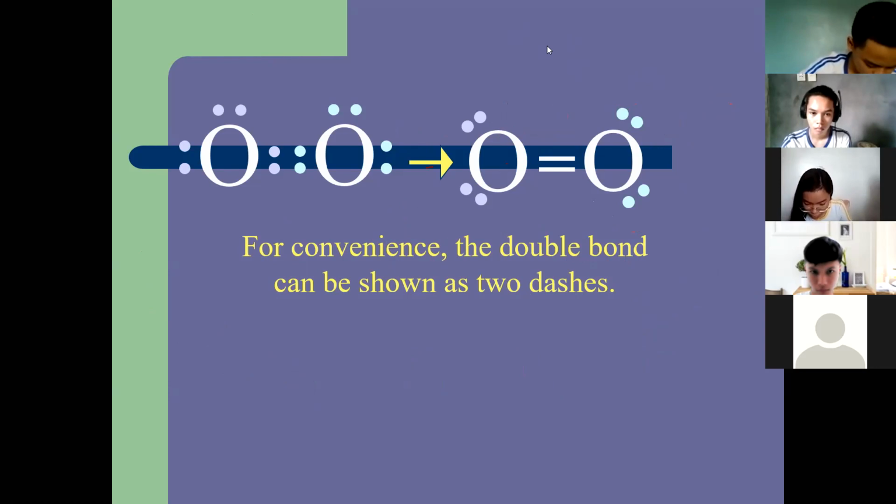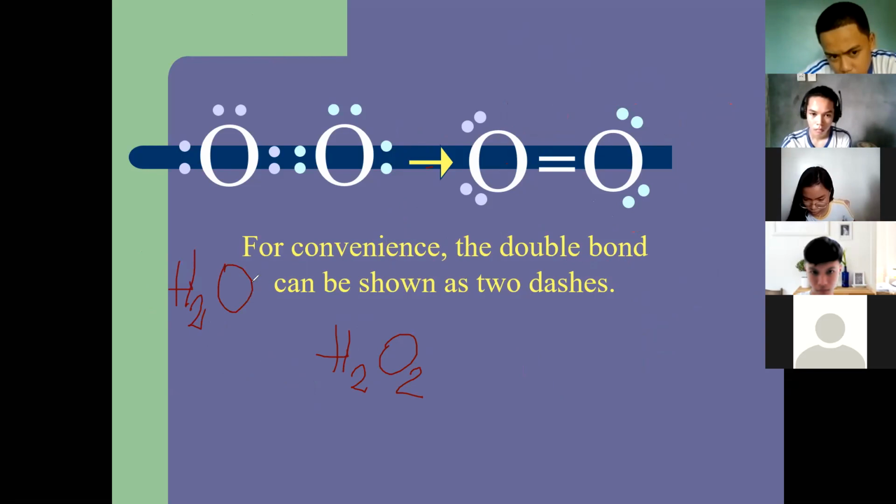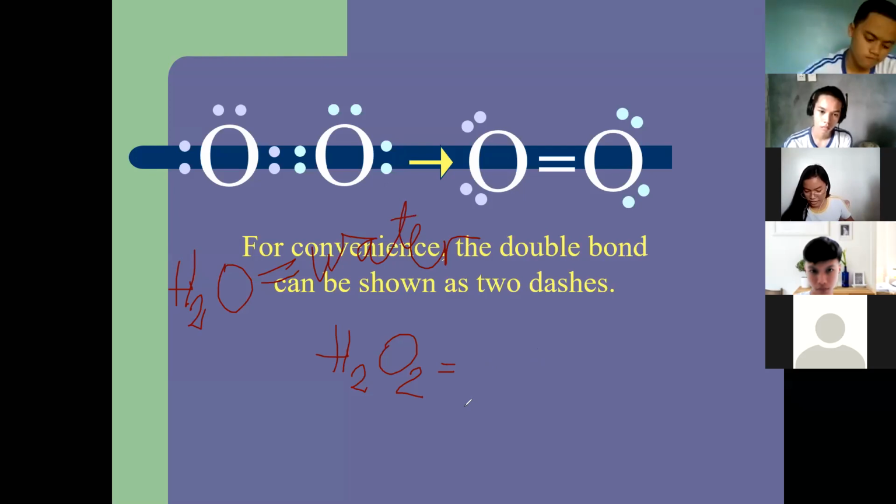How about this one, class? I think this one is intriguing as well. How will you give a name to this one? H2O2. If H2O is water, what is H2O2? This is the medicine used for wounds, agua oxygenada.